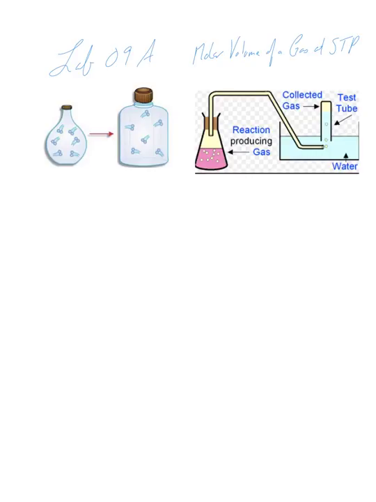This lab is looking at the molar volume of a gas at STP, and the question we have is, if you have 1 mole of a gas under conditions of standard temperature, which is 273 Kelvin, and you have enough gas in there to create a pressure of 1 atmosphere, your standard pressure.